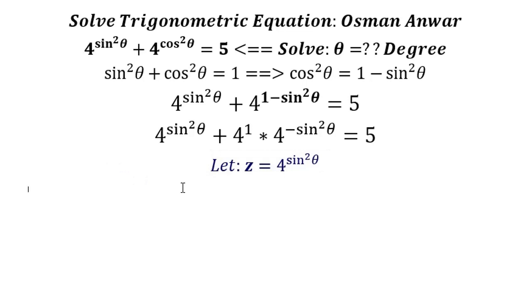Now let's introduce a new variable z, where z is equal to 4 to the sine squared theta. So 4 to the power of sine squared theta is z. Then this is z plus 4 times z to the minus 1 equals 5.